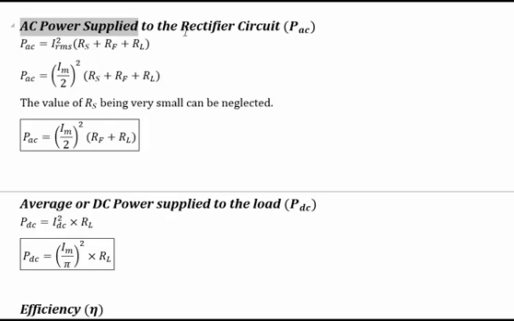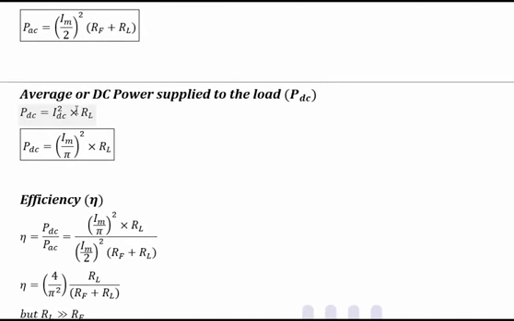So when you see from the transformer side, you will see three resistances, RS, RF and RL. AC is available at the transformer side, so you can see three resistances in the equation.